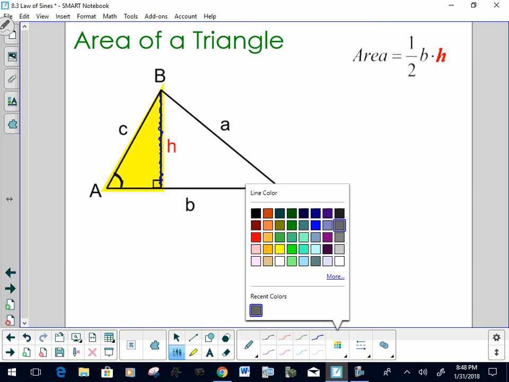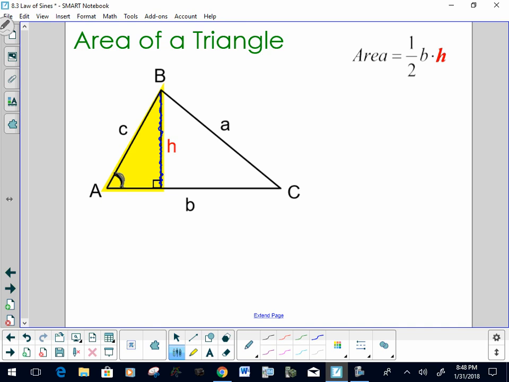We have an angle A right here, and across from that, the height is the opposite side of that little right triangle. And I know some of you use h for hypotenuse, so be careful here that our h is representing height. And then in that same little right triangle, if this is our angle A here in the corner, the c that we have here would be the hypotenuse of that right triangle.